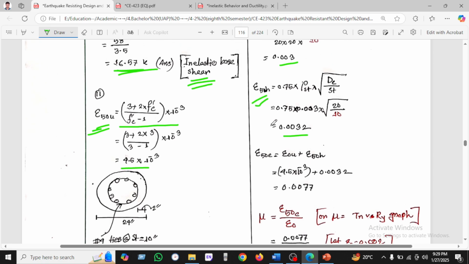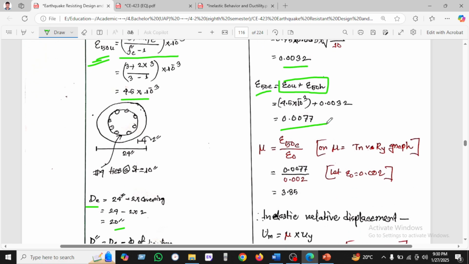And now we'll add two values for getting the strain 50 confinement, and found 0.006.